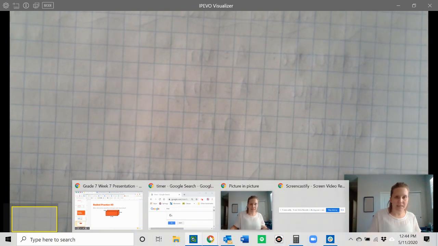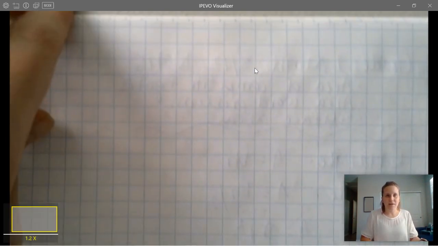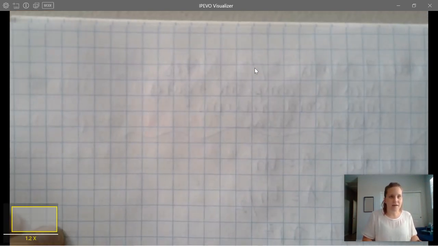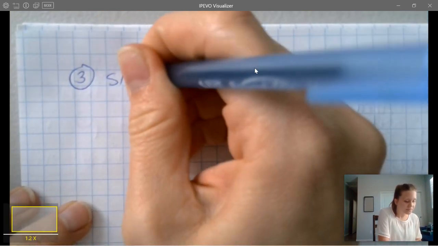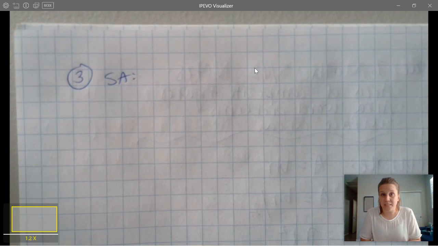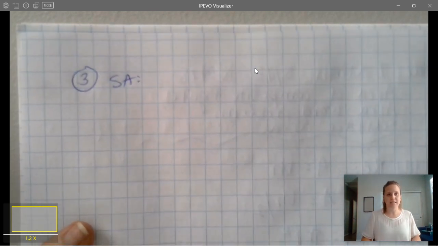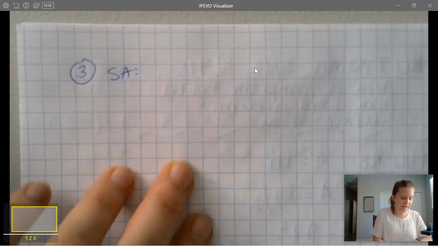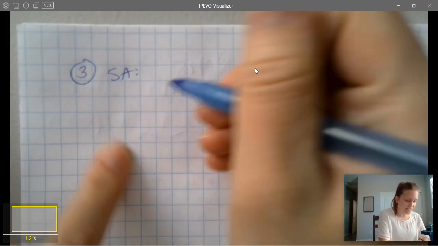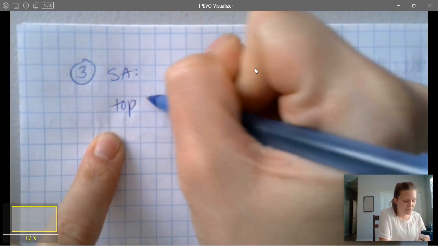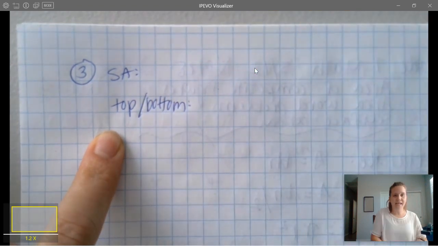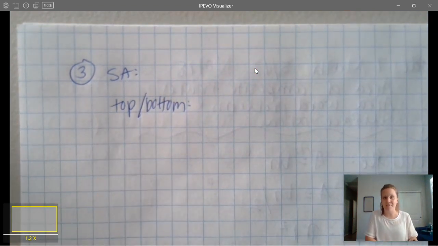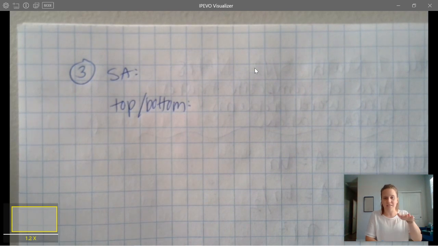I want you to do this one with me because I want to remind you of the strategy and work organization. Okay, I'm just going to label this as a surface area question, using SA. All right, if I want to find the surface area, let's start with the top and bottom. So what I do is I give myself a space where I can find the area of the face that's on the top and bottom.